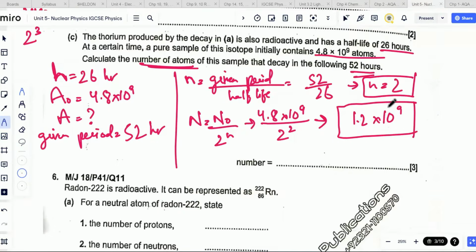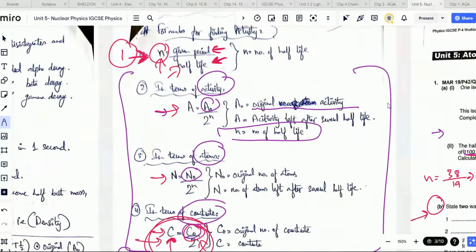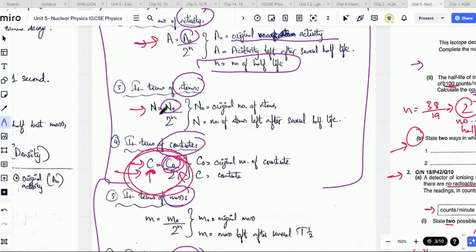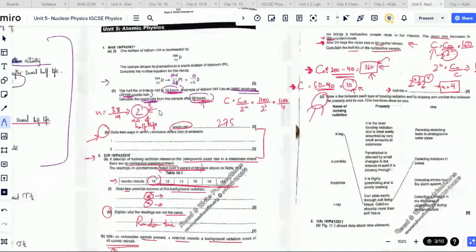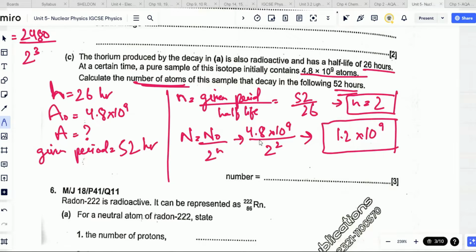Okay. So I was saying, these are the number of atoms left that we have found, okay? Where do we go? Here. What are they asking us? They are saying, calculate the number of atoms of the sample that decay, okay?